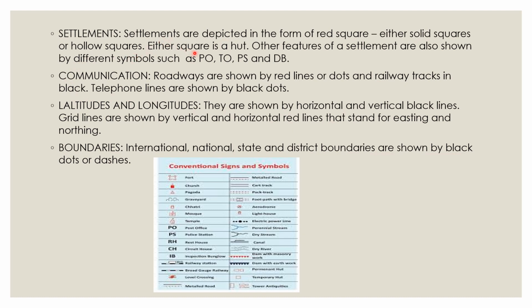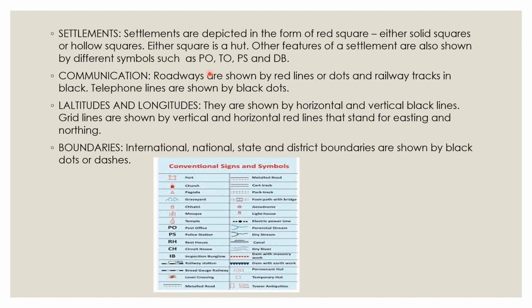Settlements. Settlements are depicted in the form of red squares, either solid squares or hollow squares. Either square is a hut. Other features of a settlement are also shown by different symbols such as PO, TO, TS, and DB.